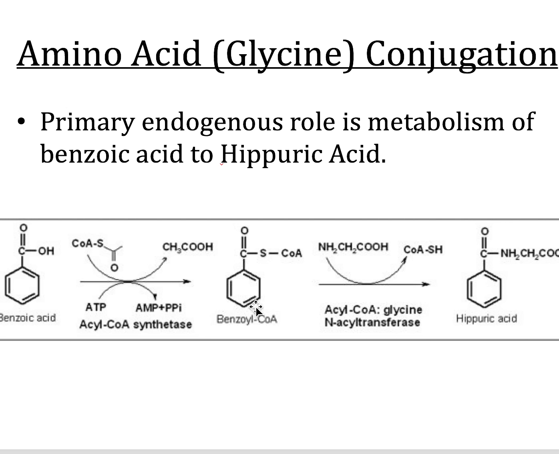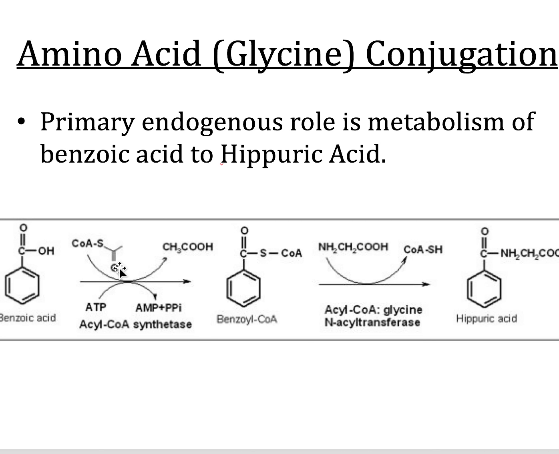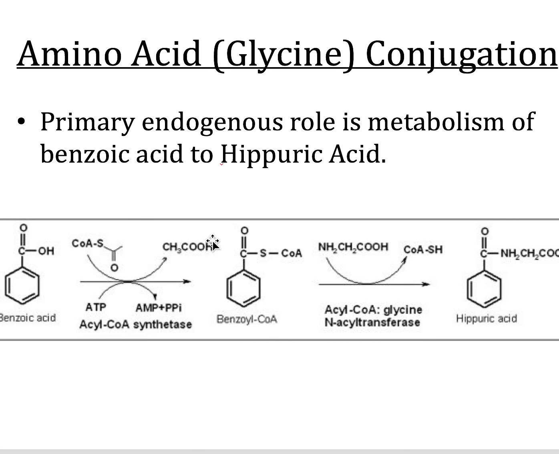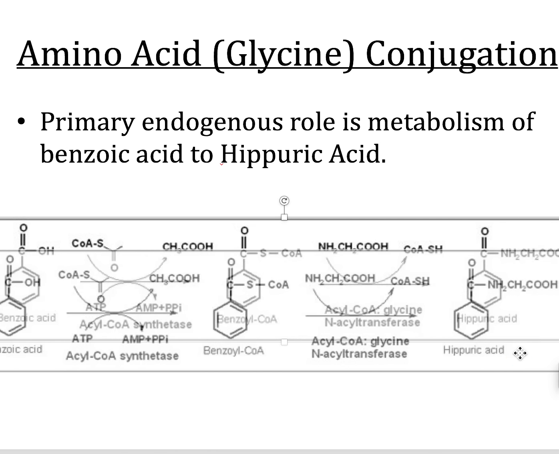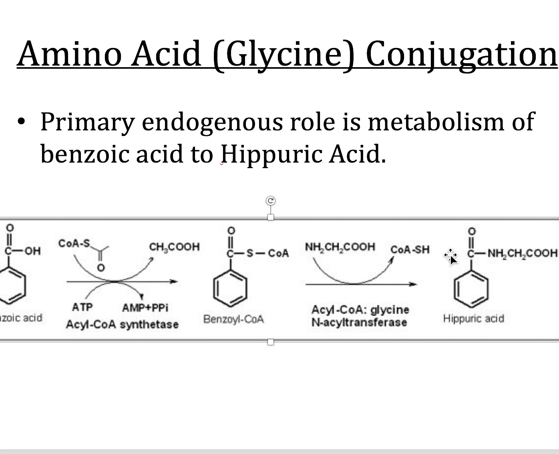Then the AMP is removed and the coenzyme A synthetase adds the S and CoA, so the CoA thioester intermediate over here, and then from here you have the N-acetyltransferase and the glycine molecule, which then forms a complete new molecule.